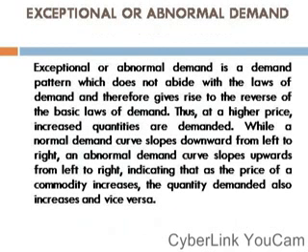Now let's move on. The next one is exceptional or abnormal demand. Now we have normal demand, and from our previous discussion, a normal demand curve slopes downward from left to right, indicating an increase in quantity demanded as a result of a reduction in what? In the price.